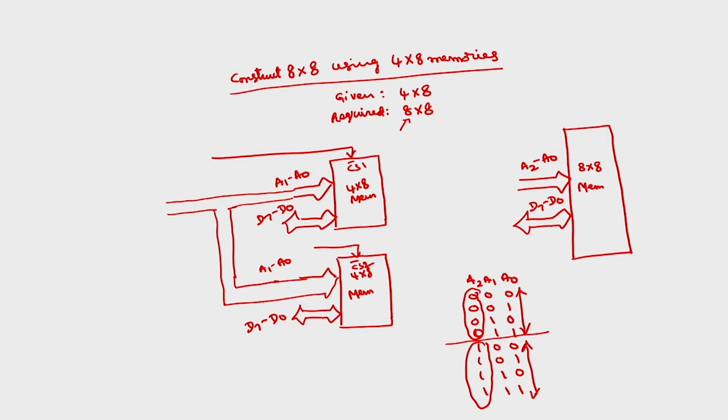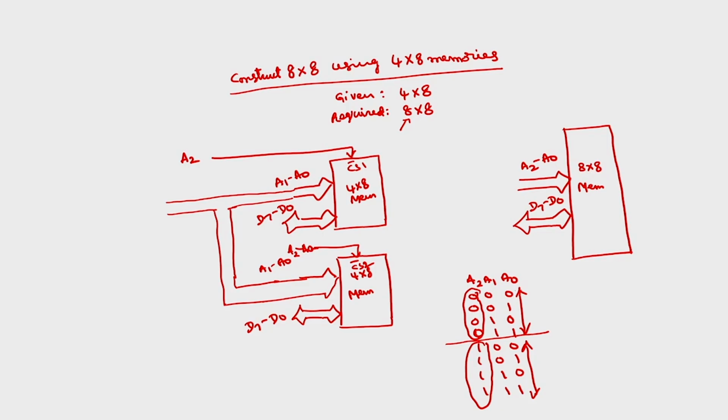For the first 4 combinations A2 is 0, so to select this one, I will connect it directly to A2. For the next combinations I want to select the lower one, so I will connect it to A2 bar. A2 you pass through a NOT gate and connect it to the chip select of the last one.